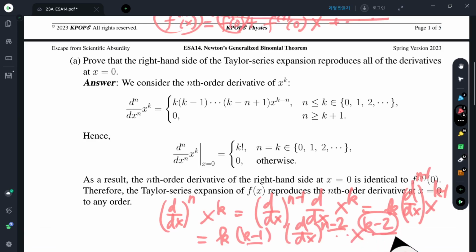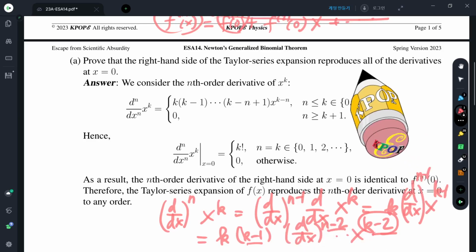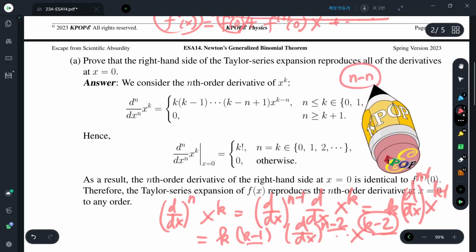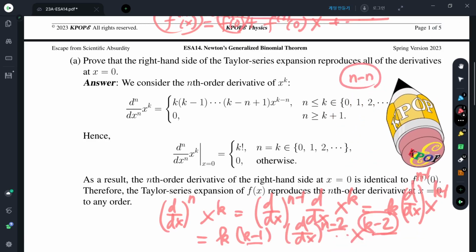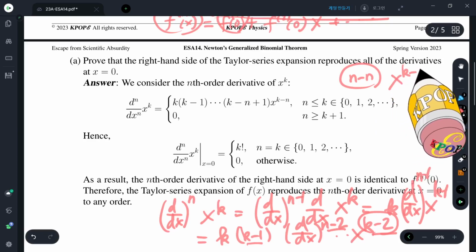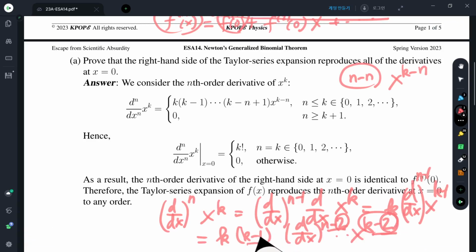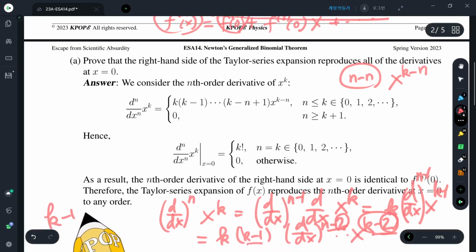And when we reach no derivative, that means this is n minus n. So this is x to the k minus n. If I substitute n in here, k minus 1 equals k minus 2 plus 1.